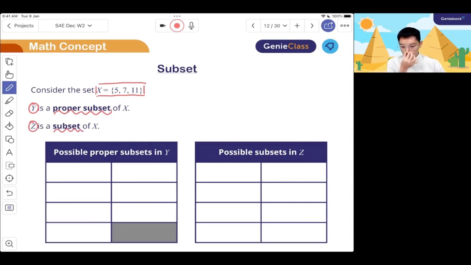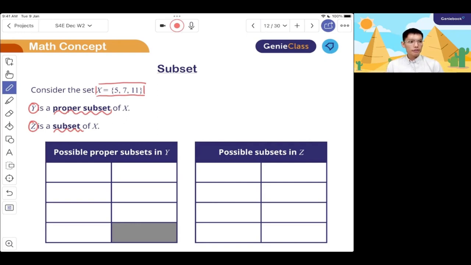So let's go to Y first. Can anybody throw me a proper subset of X? Just give any responses. I want to see what is a proper subset of X. Just give it some try. What can we say? Which particular one is a proper subset of X?